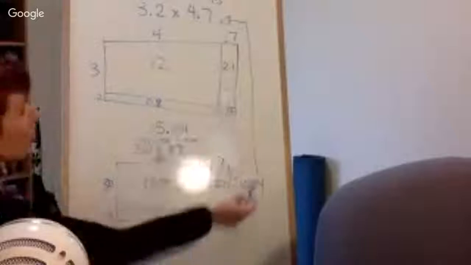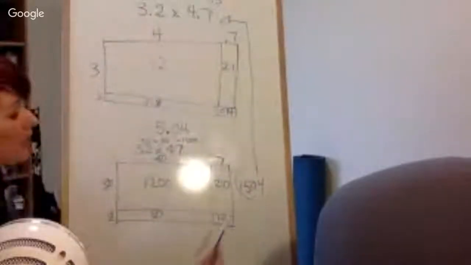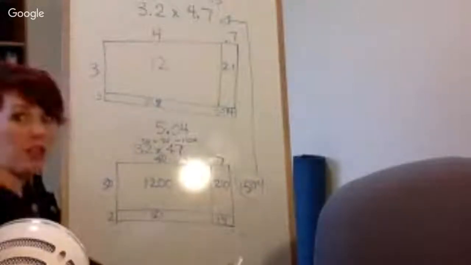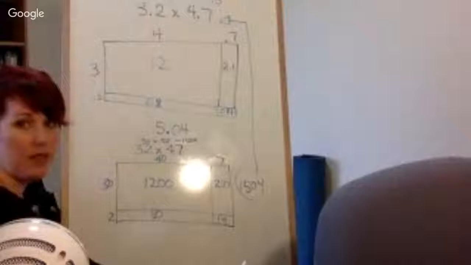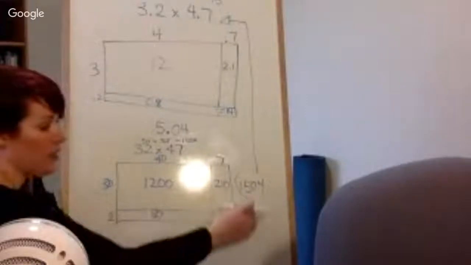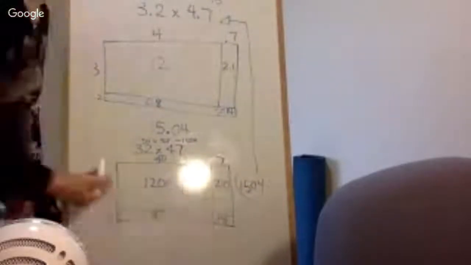When we go back to our estimate, we saw that the answer should be around 15. Well, when you look at this answer, there's only one logical place that decimal could possibly be, right? Otherwise, there's no way it's going to be anything close to 15. And that's where it would live. So that's another option.